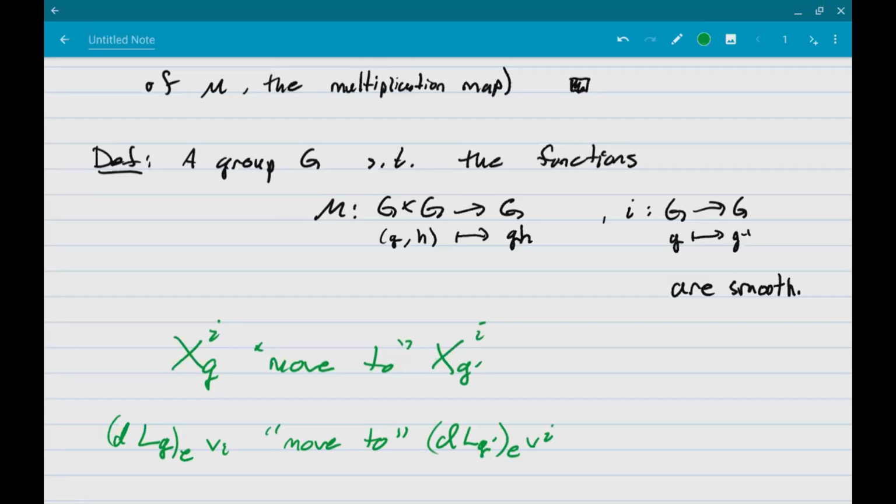And since L_G smoothly transitions to L_G prime, this means that the differential of L_G at E smoothly transitions to the differential of L_G prime at E.